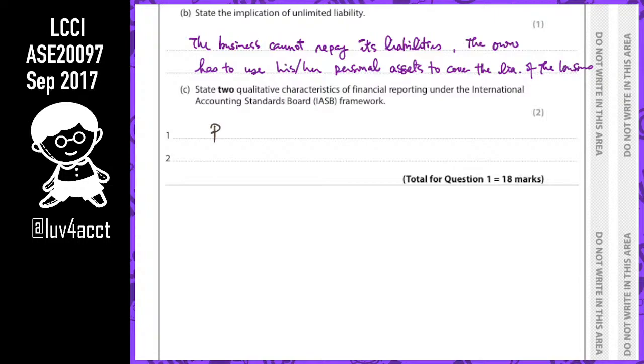The most important ones are the fundamental qualities: relevance, and then faithful representation. So we still have 4 enhancing qualities, but we are just asked to give 2, so stick to 2.